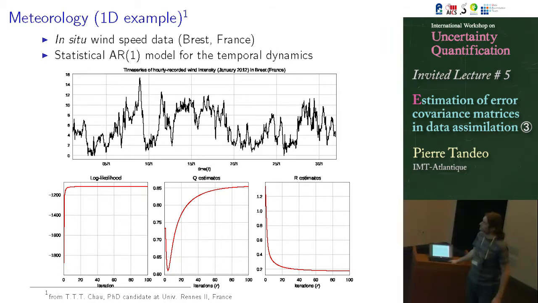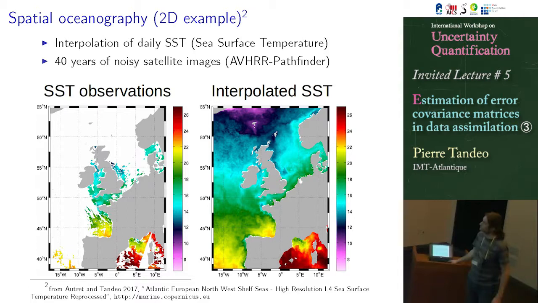Yeah. So now I move to the 2D example. I'm working with satellite images. This was part of my thesis. During my thesis, I used satellite infrared images to measure the temperature.